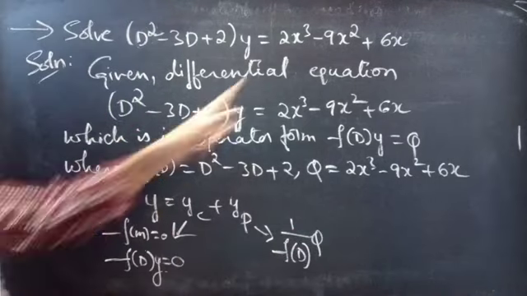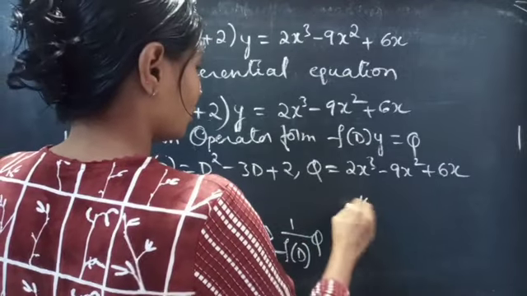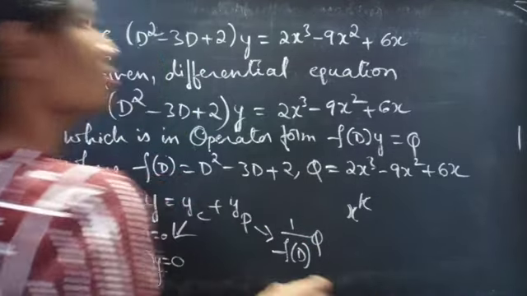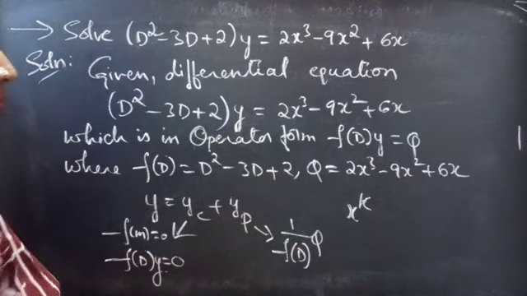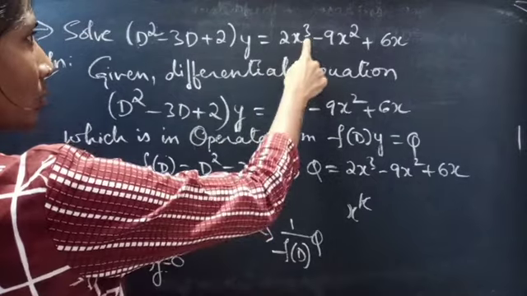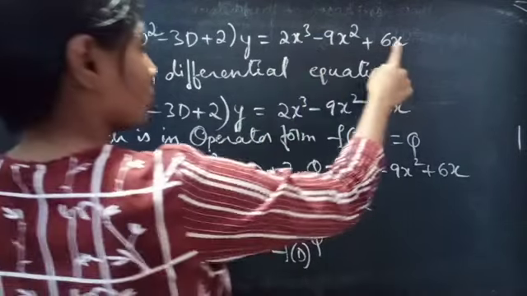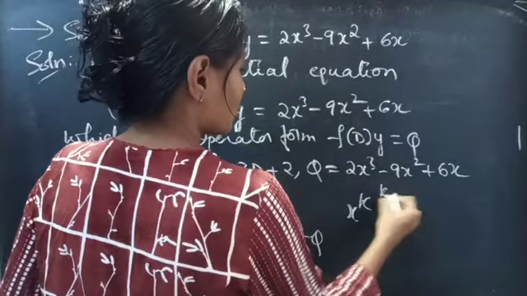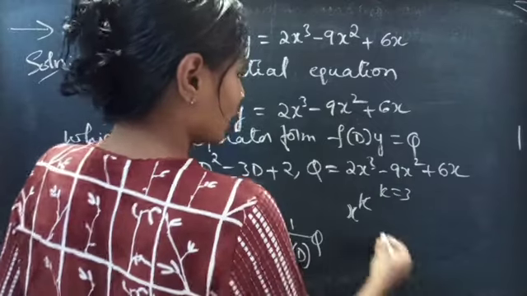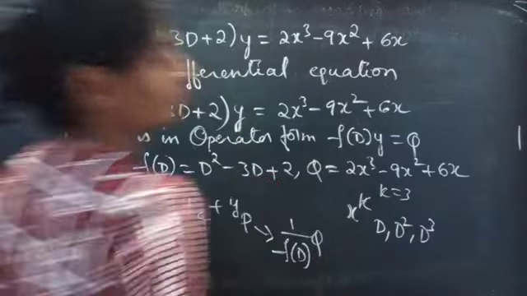Okay, here Q is in x power k form, right? So here x³ is the biggest one, I mean x power 3. Here 3 is the highest power we have from all these 3. So for k = 3, we'll get derivatives up to D³.